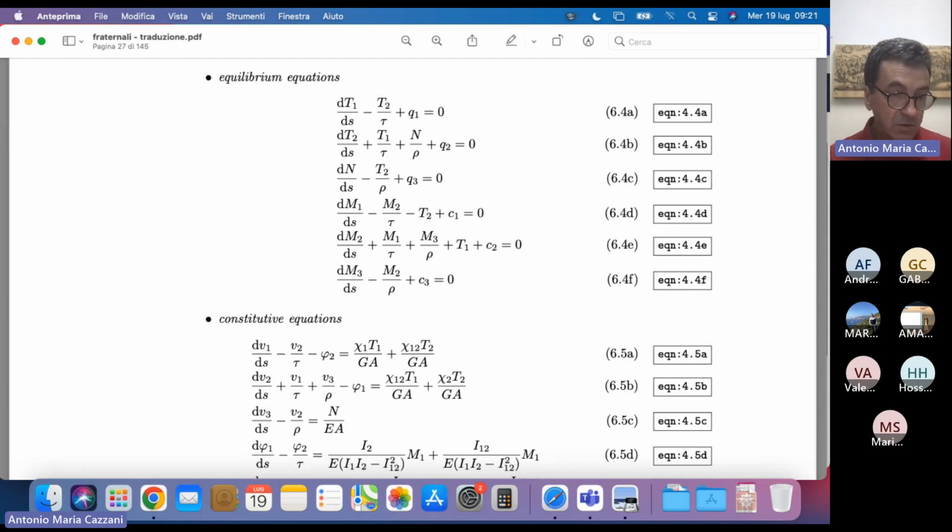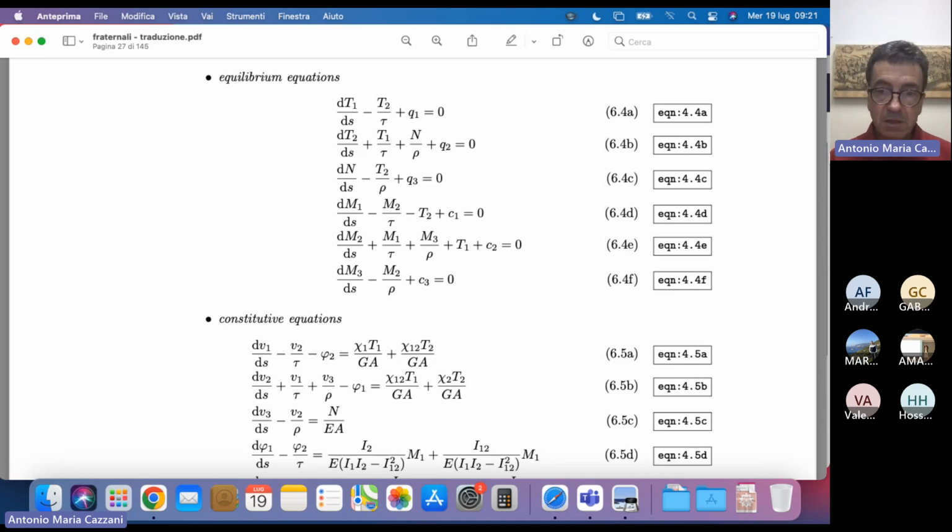So in the first two classes, we have seen the basic machinery of curved beams, especially at the beginning, the fundamentals of differential geometry as ideas about the beam.